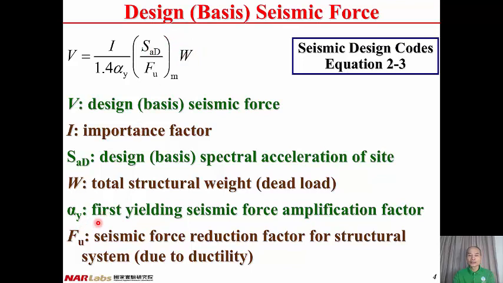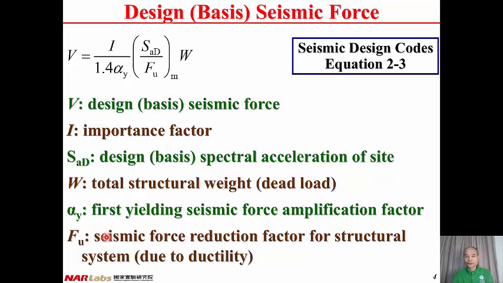Alpha y is the first yielding seismic force amplification factor. Design basis seismic force is an elastic force. After multiplying by the first yielding seismic force amplification factor, the design basis seismic force becomes from linear to yielding seismic force.